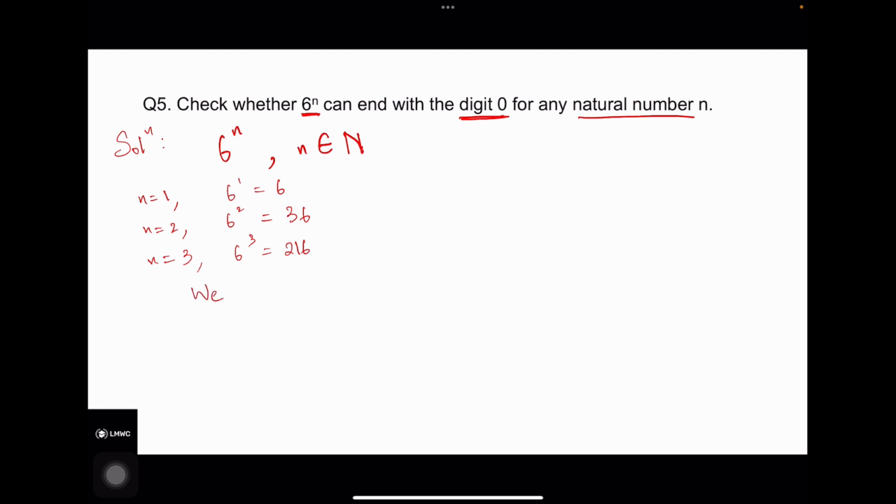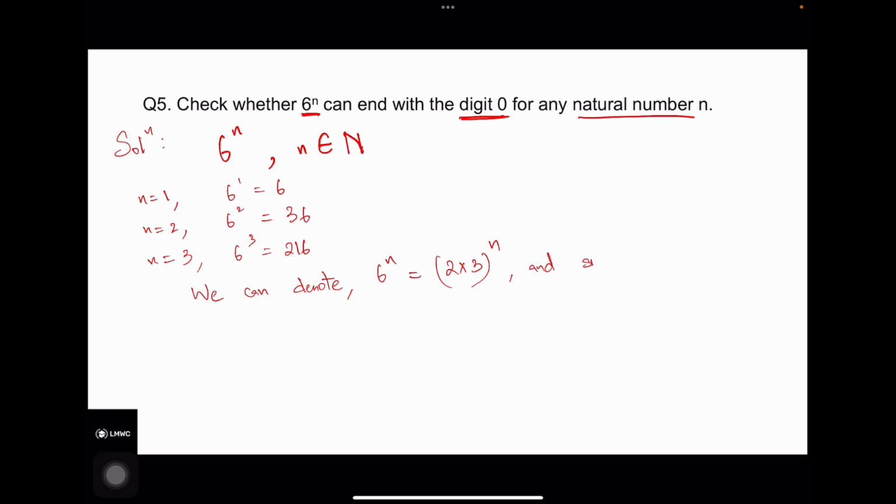So now we can denote 6 to the power n as 2 times 3 to the power n, right? 6 being a composite number, we can represent it this way. So we can denote 6 to the power n equals 2 times 3 to the power n.